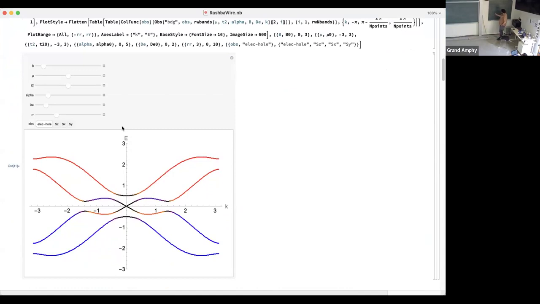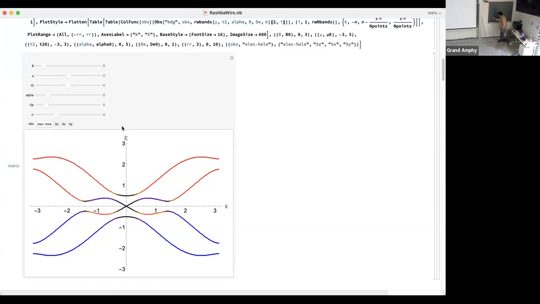So we have a normal part, which is minus t cosine k minus mu. That's our normal part, c_k dagger up, c_k, sigma sigma, right? Both spins are hopping, and then I have the s-wave pairing.